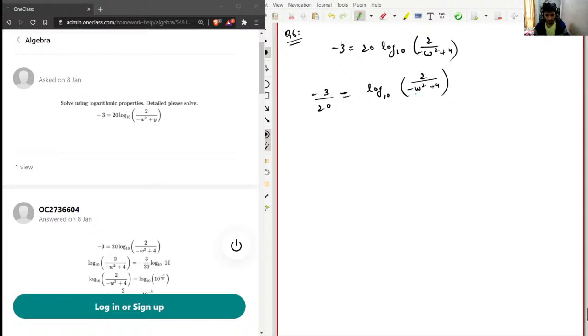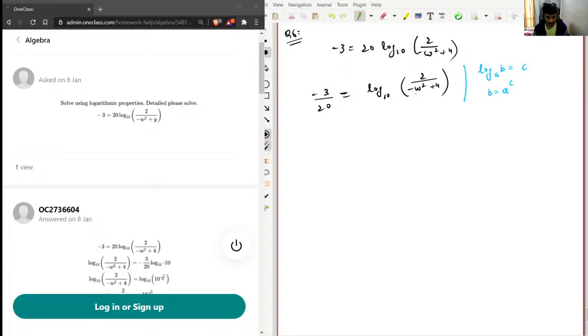Now we'll use the property of log. If log base a of b equals c, then when we take the antilog on both the sides, we get b equal to a power c.